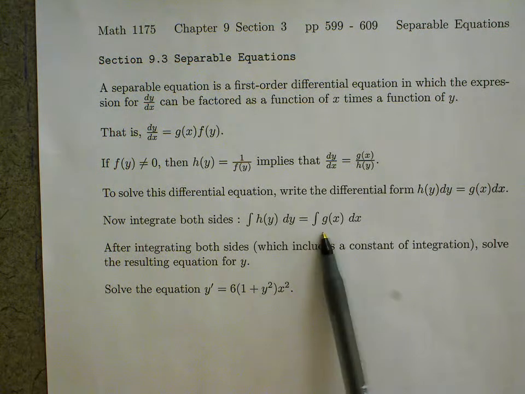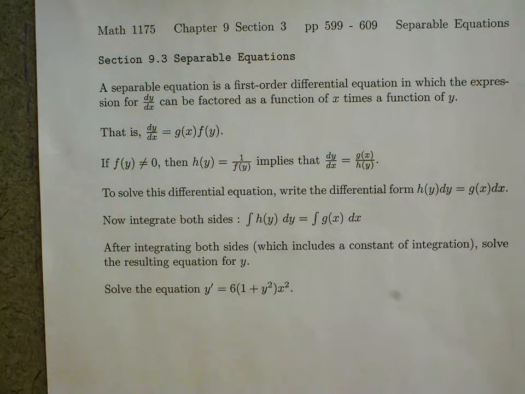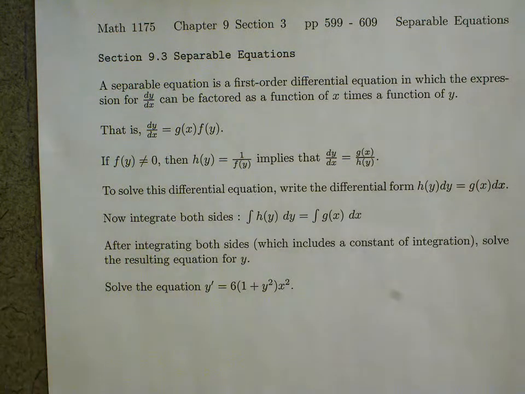On the right-hand side, an integral of g of x dx. And after integrating both sides, which includes a constant of integration, we'll then attempt to solve the resulting equation for y. So that's the general procedure for solving separable differential equations.